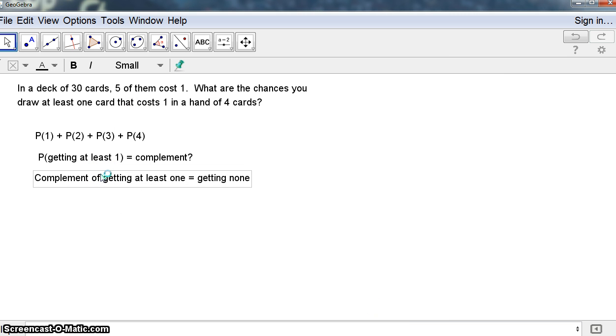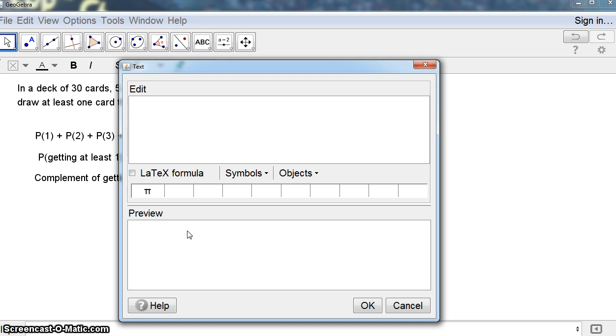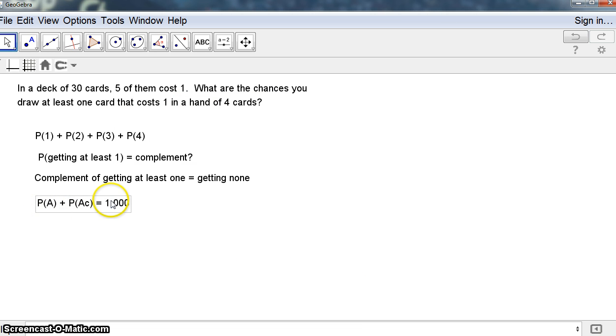If I get 1 or more, that would be event A. So if I get 0, that would be the complement. And we're going to use a rule of probability here, which is that P of A plus P of A complement is equal to 1, because either the event happens or doesn't happen.